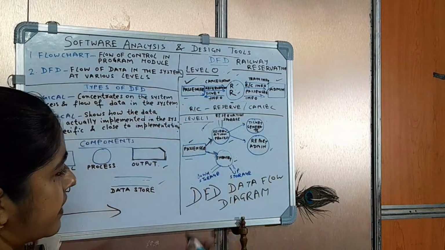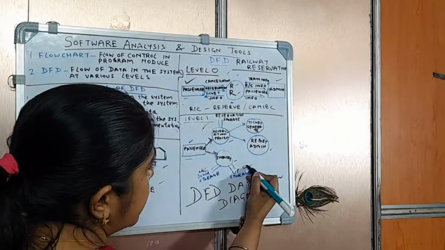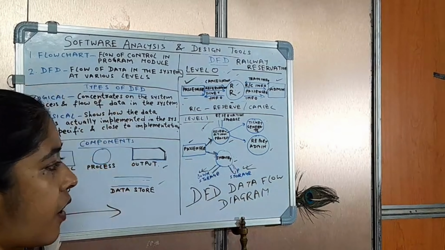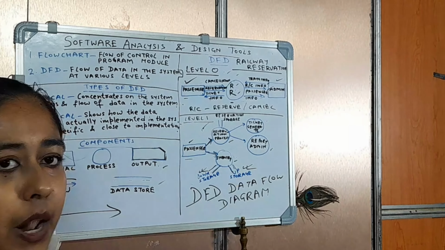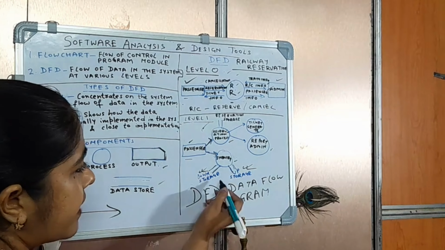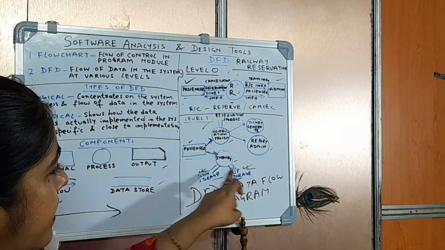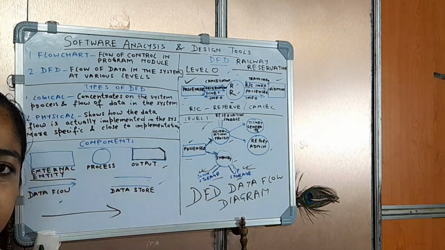So here two things are there: one is the down storage and one is the up storage. This is the sign of storage. Why down and up? This is for the down train and this is for the up train. So these are the storages shown here as down storage and up storage.